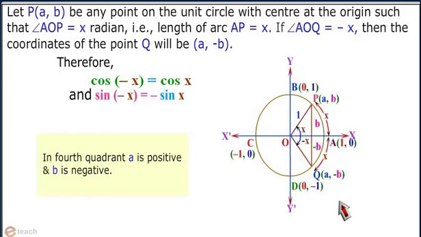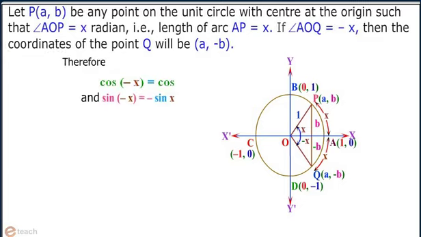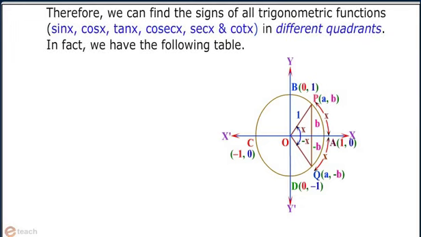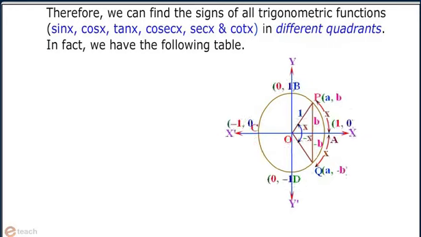In fourth quadrant, a is positive and b is negative. Therefore, we can find the signs of all trigonometric functions sin x, cos x, tan x, cosec x, sec x and cot x in different quadrants. In fact, we have the following table.